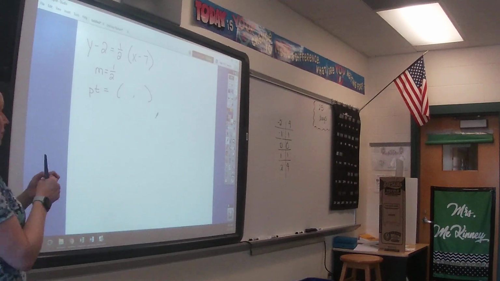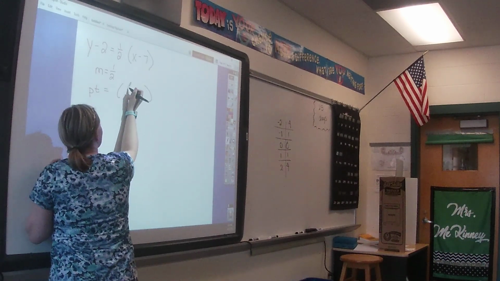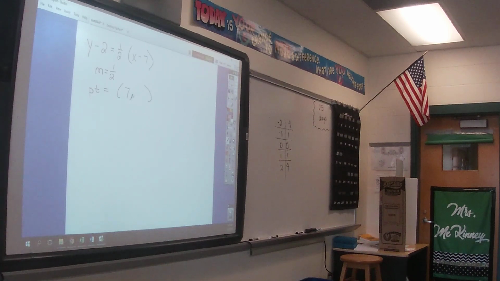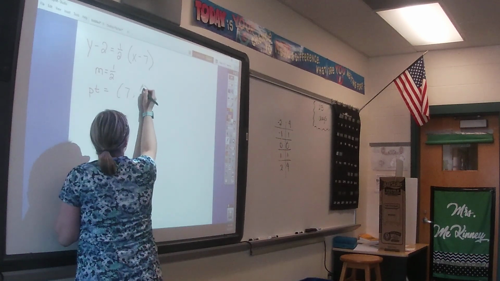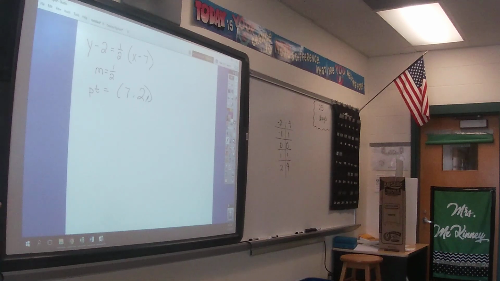Make it positive. So this looks negative, but I'm going to write a positive. Then I'm going to do the same thing for my y value. This looks negative, so I'm going to make it a positive. From that equation, we can see that the slope is going to be 1/2, and we are going to have the point 7, 2.